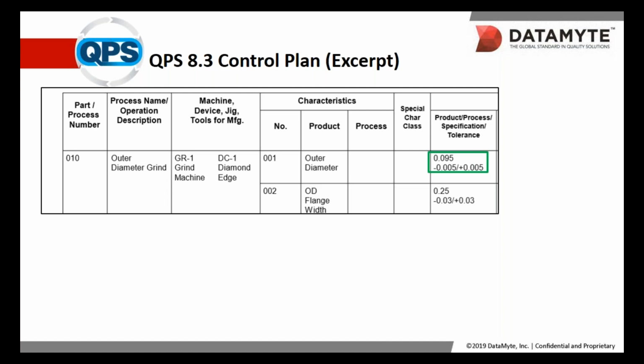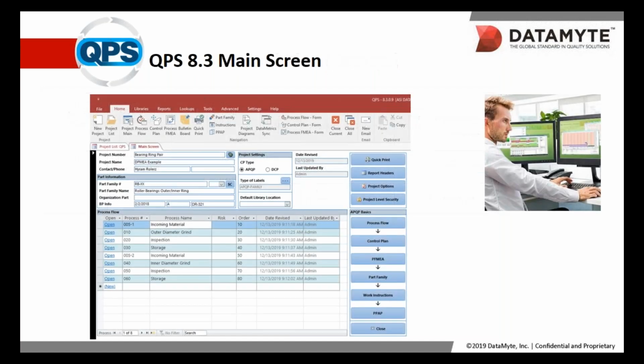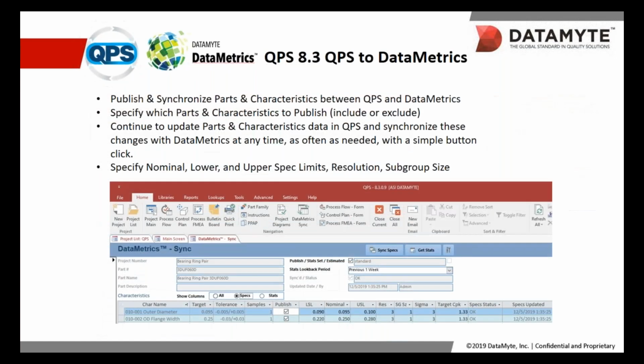What we're going to do is send that information down to our DataMetrics setup editor, and the way I'm going to do it is back in the software on our main screen, I'm going to go up to our DataMetrics synchronization, or DataMetrics sync for short, and this will take me to a screen where I am again able to publish and synchronize these parts and characteristics between our two software solutions.